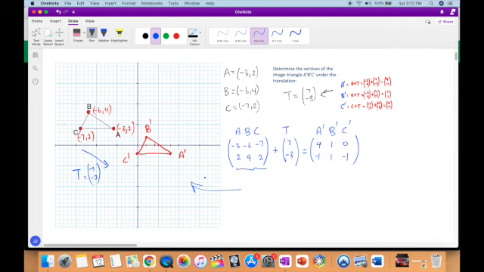What if we have 3 points, right? Or what if it's a polygon with 100 points, right? And we translated each point separately over here to get the image, right? A prime, B prime, C prime, right? But we saw that we didn't have to translate each point separately.